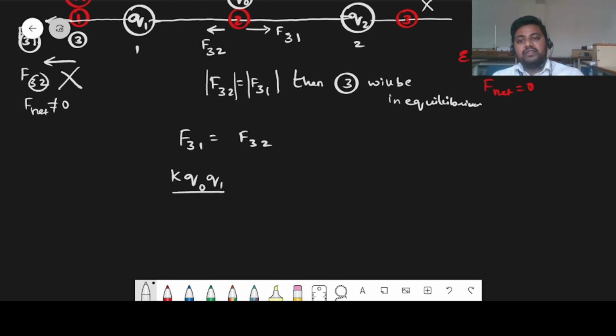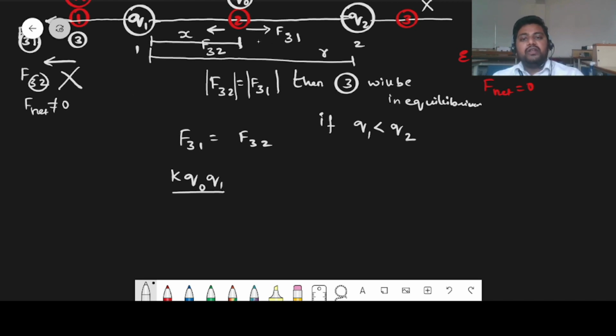Now we have to take the distance between them, right? Since the distance between these two charges is R, and if the condition is given that Q1 is smaller than Q2, let's say I am taking the distance from here to that particular charge as X. The remaining distance will be R minus X. Yes, I hope you are understanding it. Now, the total distance between them is R. From that concept only we are writing this.